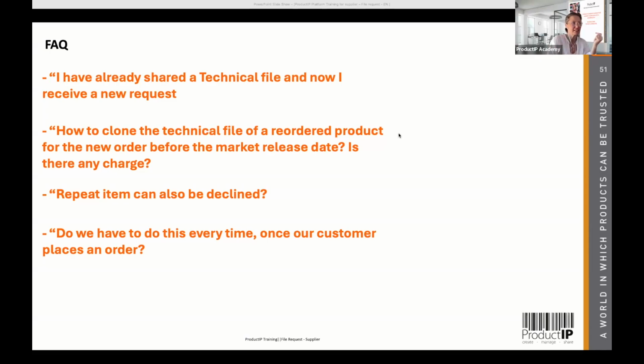In some cases it can stay the same, but if you don't change the market release date and you don't change the requirement list, why should you take the effort? It's a good point that if you reuse it, for instance, you buy it from 2 suppliers and you reuse the product category with a different market release date, then a clone only costs 1 credit. That's a possibility, but that's maybe too confusing now.